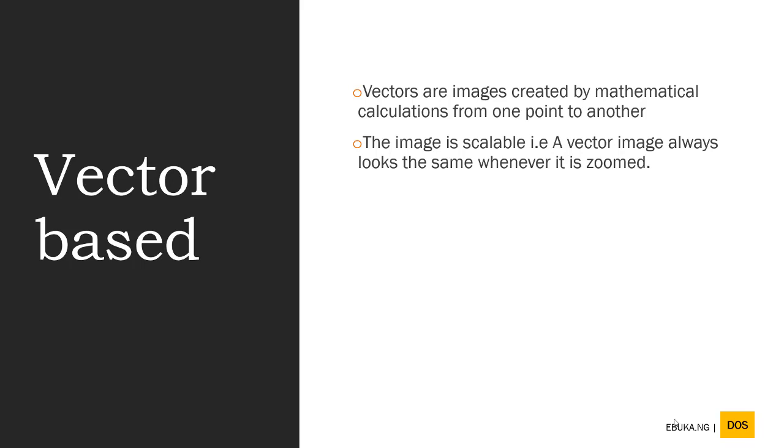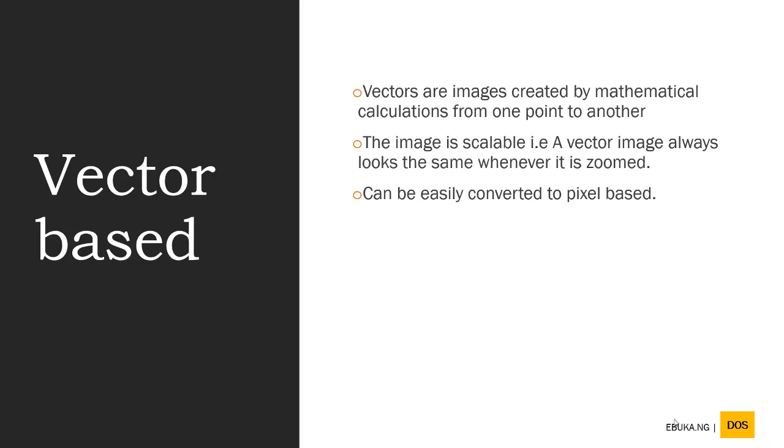So you cannot do photo editing with a vector based graphic. Although you can convert a vector based graphic to a pixel based one, it's called rasterization. So when we say we are rasterizing, that's what you're doing: converting a vector based to a pixel based.